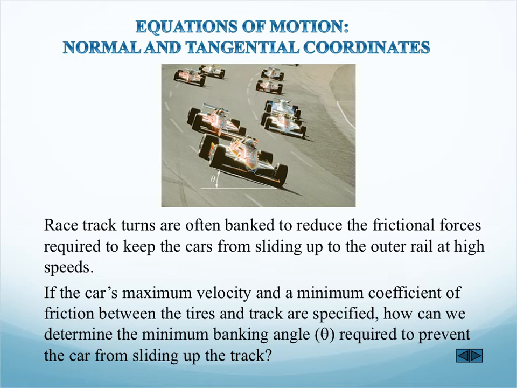All right, so keeping with it, we might want to look at situations where we have normal and tangential coordinates. If you remember, we talked about those in the last chapter. If we're following an object along a curved path, we could always express things in terms of the direction that's tangent to the path and also a direction that's normal to the path.